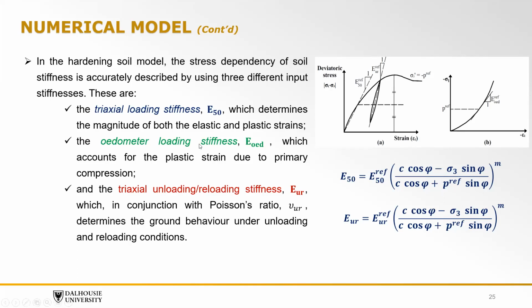We have E odometer, which is the odometer loading stiffness, which we're going to use to account for the plastic strains due to the primary compression. And finally, we have E unloading-reloading, which in conjunction with the Poisson's ratio will be able to determine the ground behavior under unloading-reloading conditions.